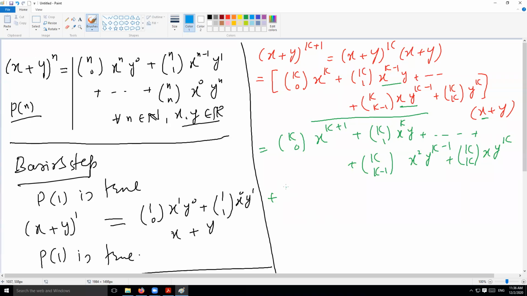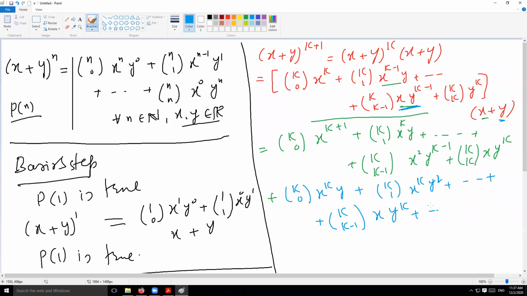When I'm multiplying y with this, what am I going to get? k choose 0, x^k y, plus k choose 1, x^k y^2, plus so on and so forth, plus y multiplied with this last term is going to give me k choose k-1 times x y^k, plus so on and so forth, but k choose k times what are you going to get? y^(k+1). Okay, so this is what we have.